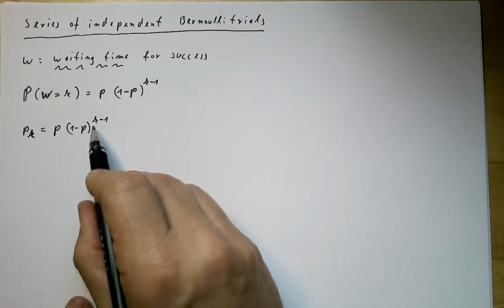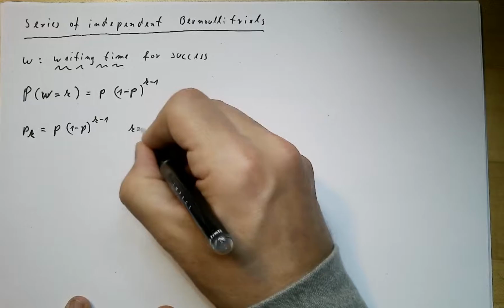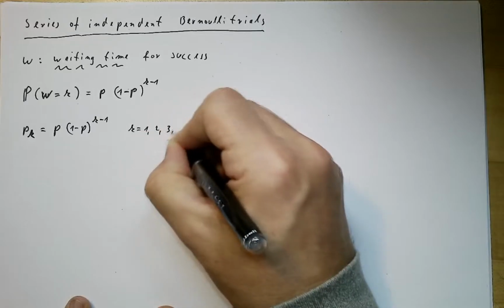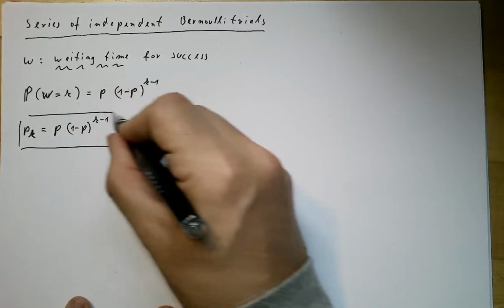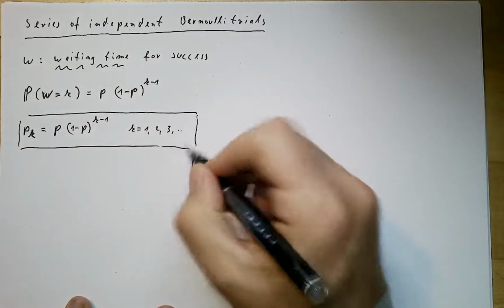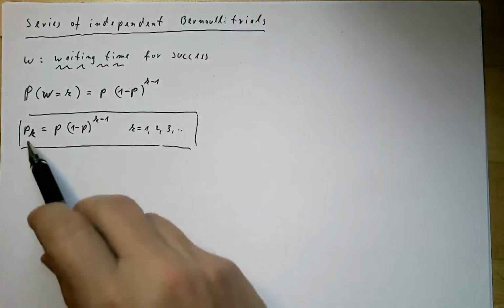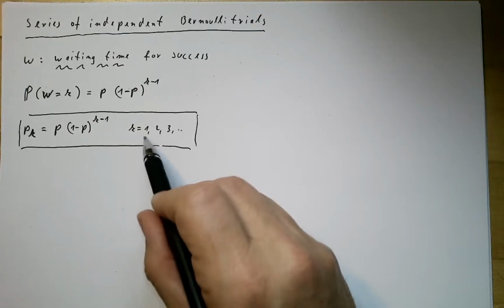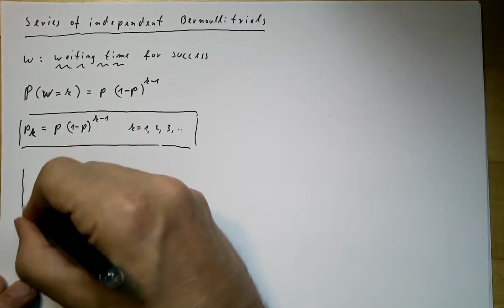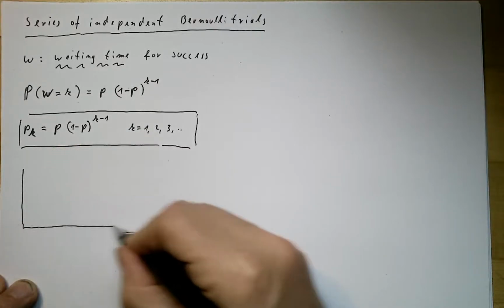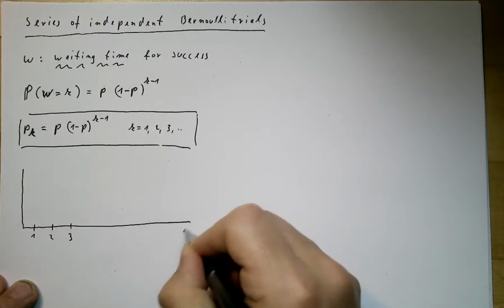And this is now a probability distribution of the random number k, where k can be 1, 2, 3, and so on. So if we look for waiting times in Bernoulli trials, we obtain a new distribution for k, and this distribution starts at the value 1. We can plot this distribution. Note that we really start with 1, 2, 3.